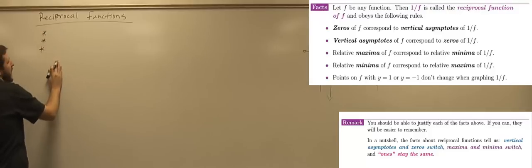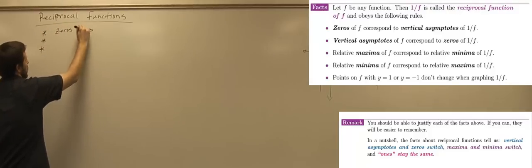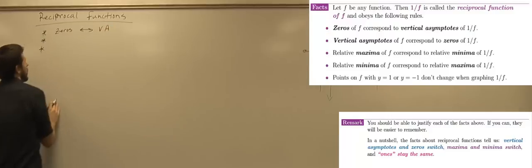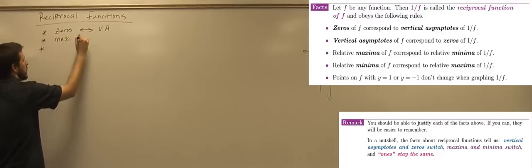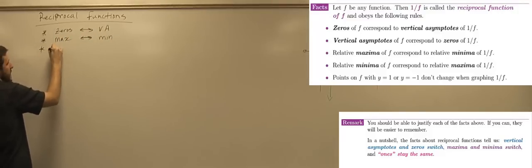And basically what it comes down to is that zeros exchange with vertical asymptotes. So if you have zeros on one function, you'll have vertical asymptotes on the reciprocal. Maxes become mins. And any kind of 1 stays the same.